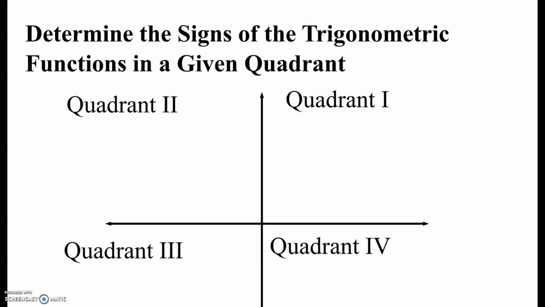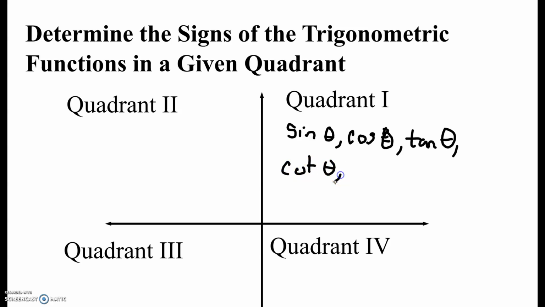So in quadrant 1, sine, cosine, tangent, cotangent, secant, and cosecant are all positive.